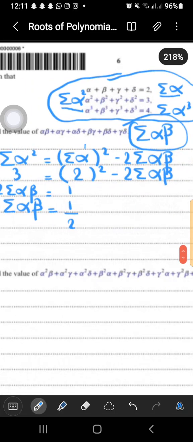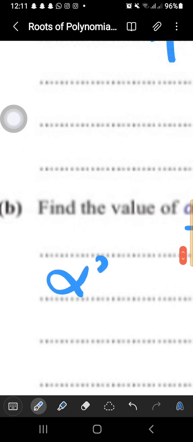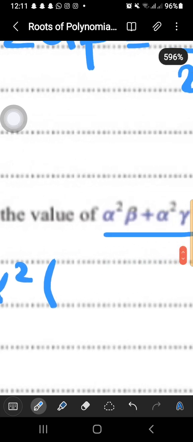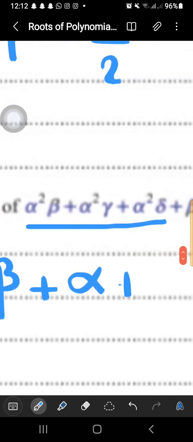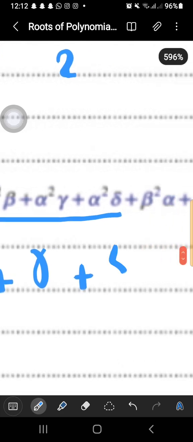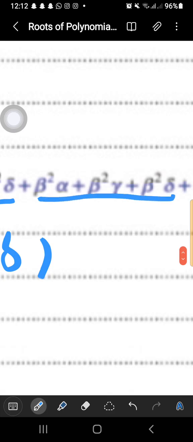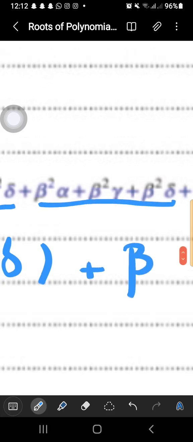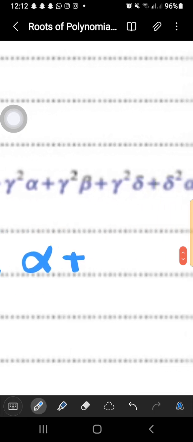We can notice that here we can take alpha square common. It becomes beta plus gamma plus delta, bracket close. Here we can take beta square common, in the bracket alpha plus gamma plus delta.